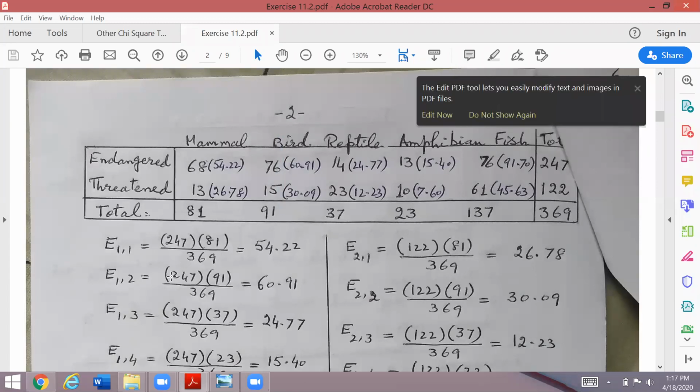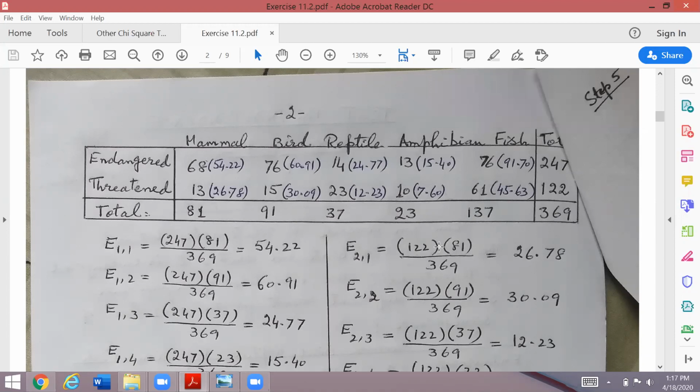So multiply 247 with 91 and you will always be dividing by 369, because this is the grand sum. And just simplify, use your calculator. The denominator will always be the grand total, which you are getting at the right bottom corner. This is your grand total.